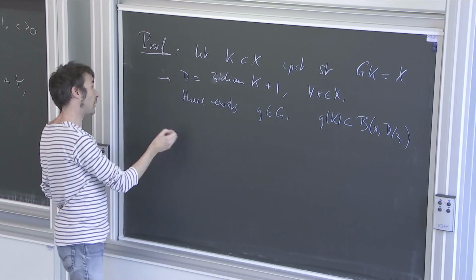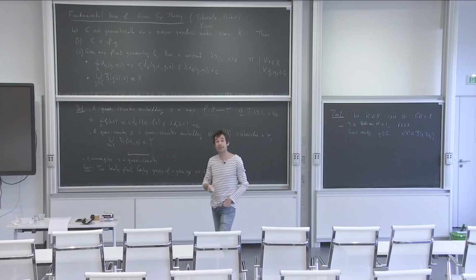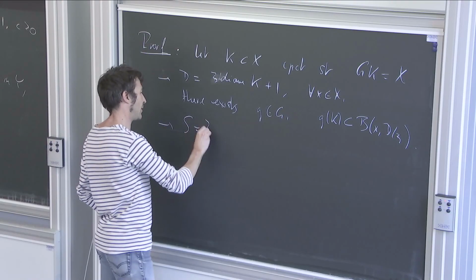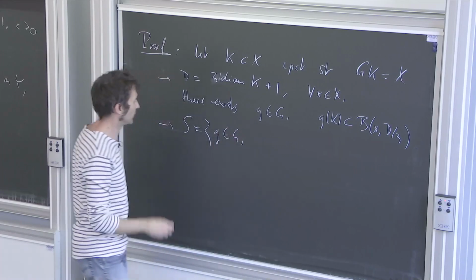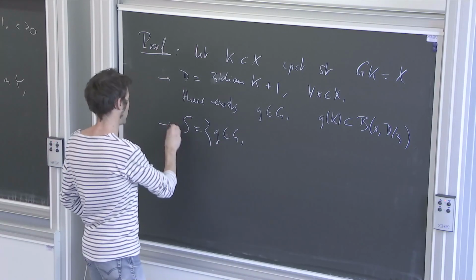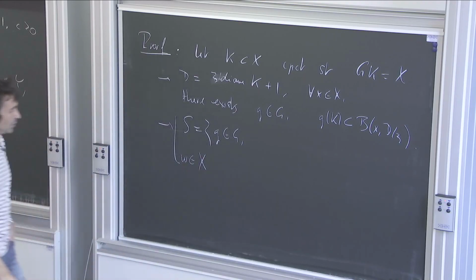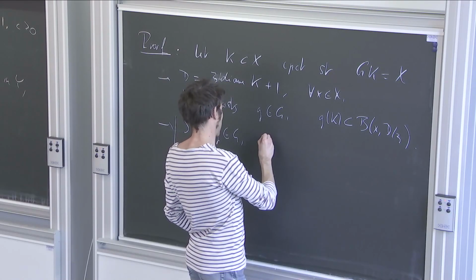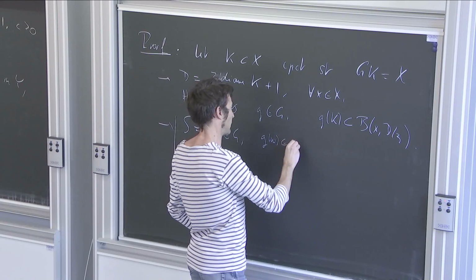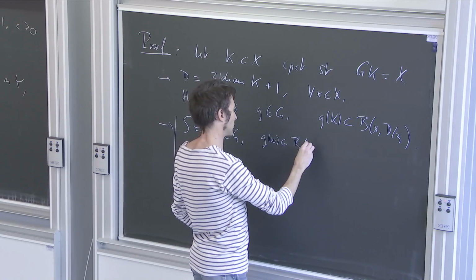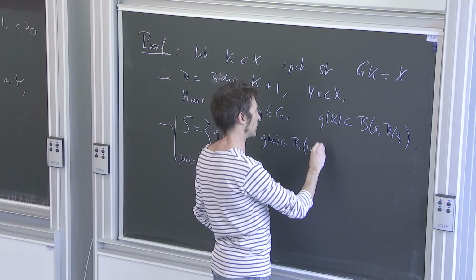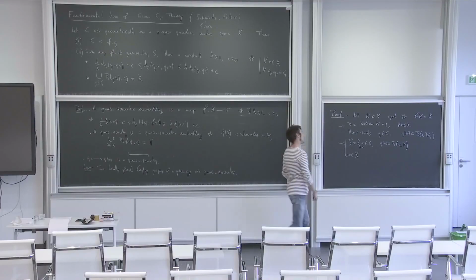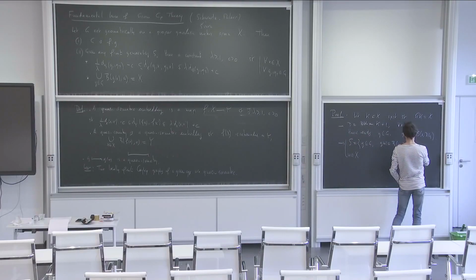Okay. And now I want to find a finite generating set. So I will let S be the set of elements G in the group, so I fix a base point W in X, such that G of W is contained in the ball centered at W and of radius D. I forgot if it's that or not.